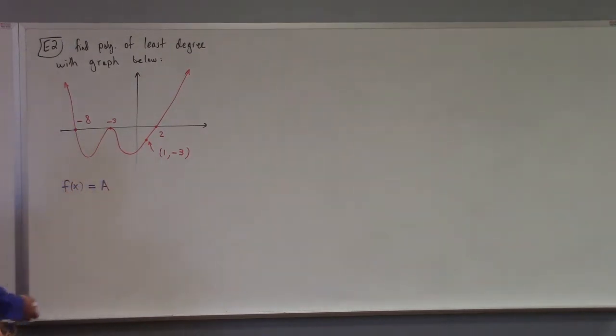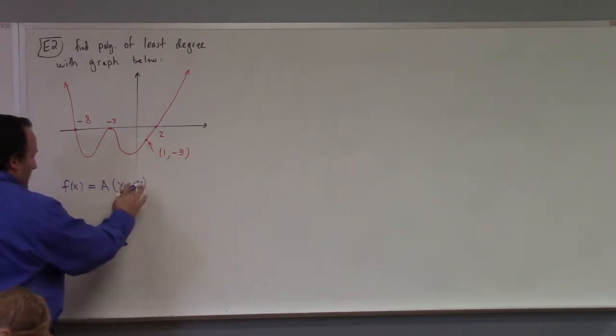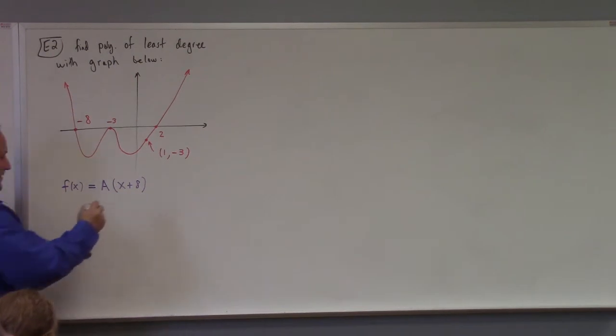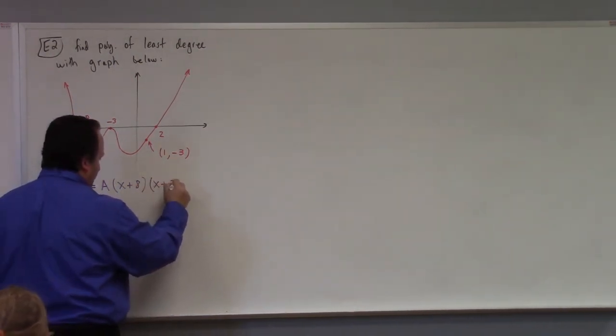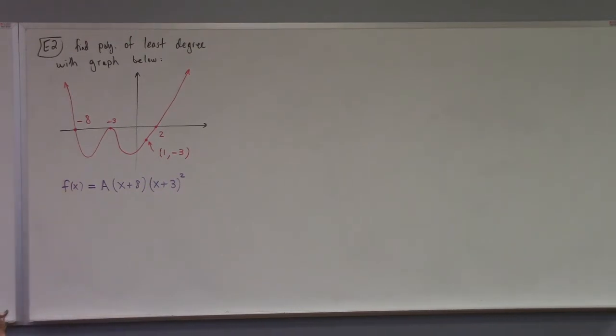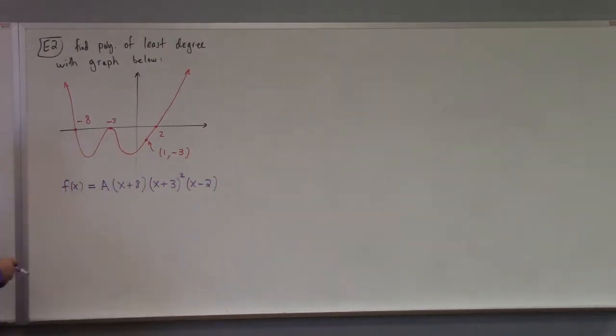We don't know what that is yet. How do I get this x minus 8 crossing? What do I want to put in the formula? An x plus 8. Then what? X plus 3 squared. Now, why did you square that? Because it bounces there. Very good. And then what? X minus 2.